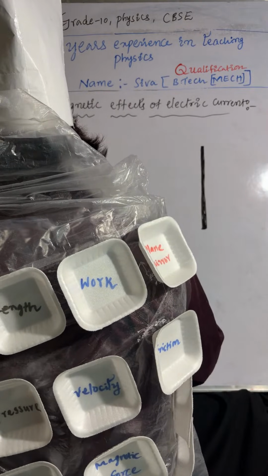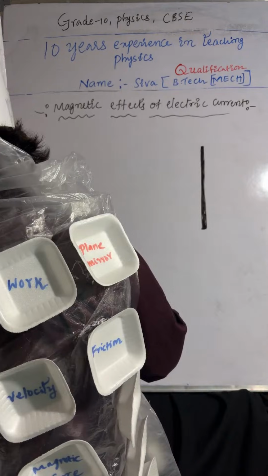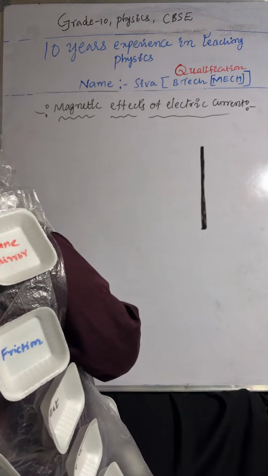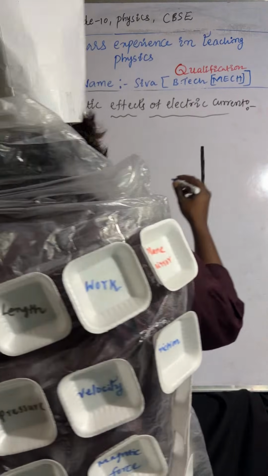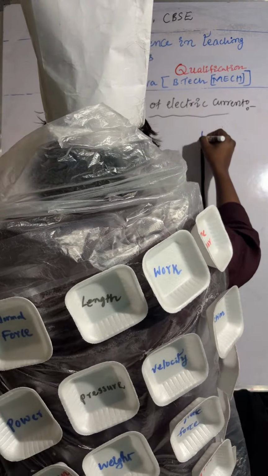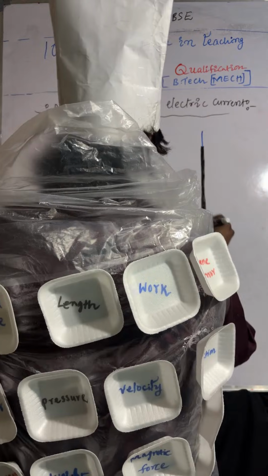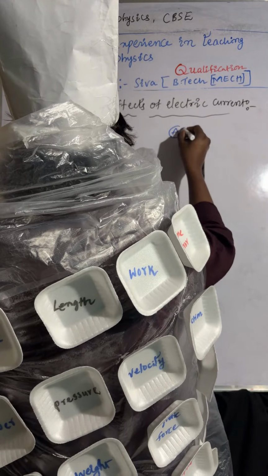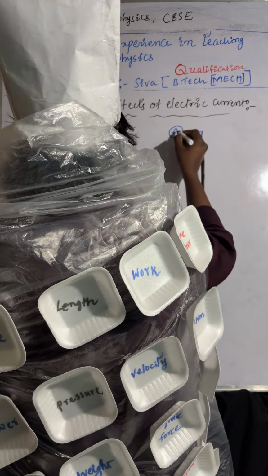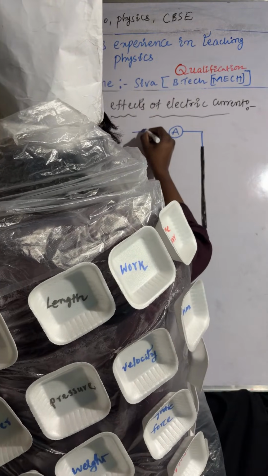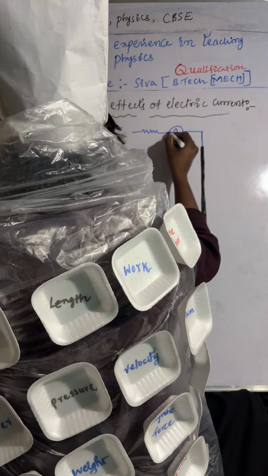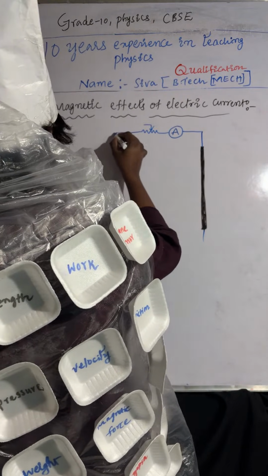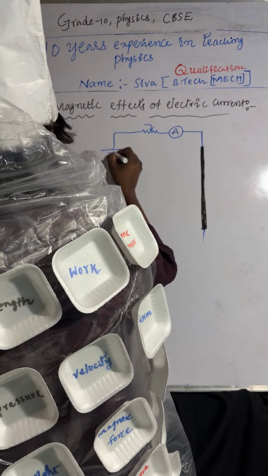So now you can see an ammeter. Here is a rheostat, and here I am taking the battery.